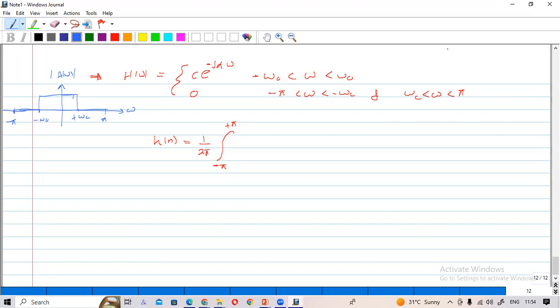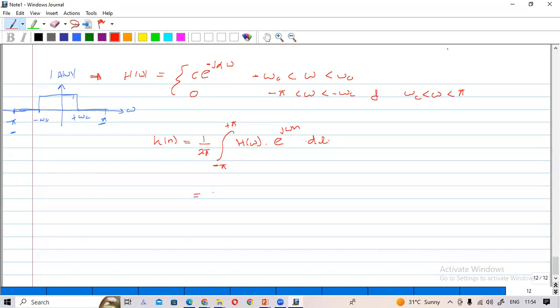So your omega is between minus pi and plus pi, and we integrate H omega e to the power j omega n d omega. This is the inverse Fourier transform.